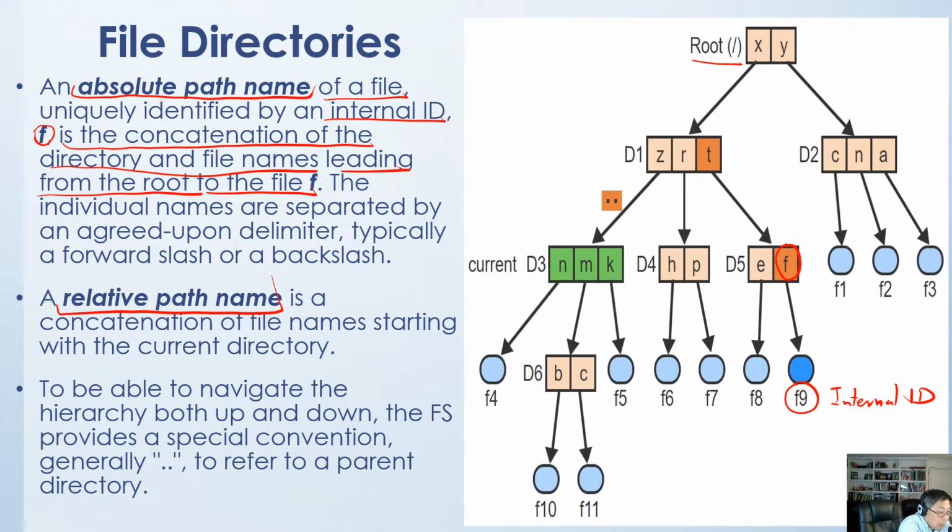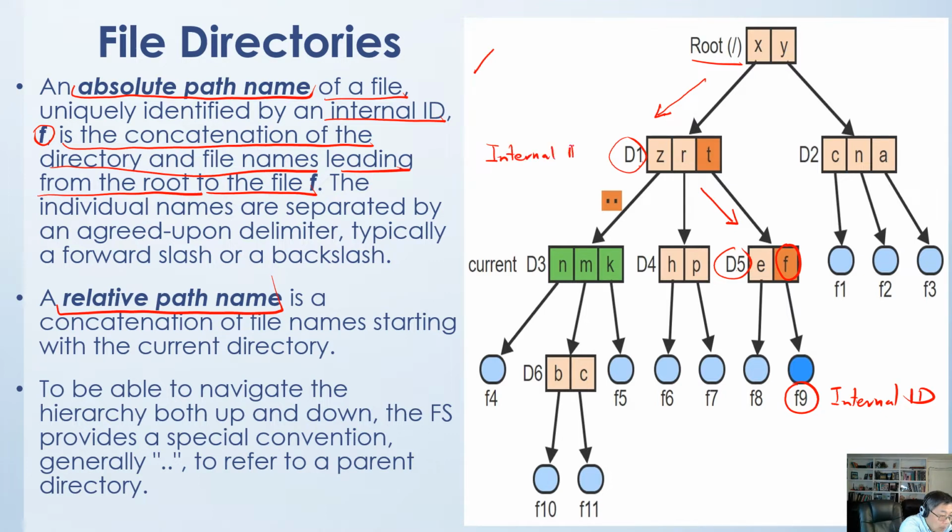So the root is represented by /, and then from the root, you're going to go to the next directory, D1, right? And then from D1, then you go to D2. And then F is under D2.